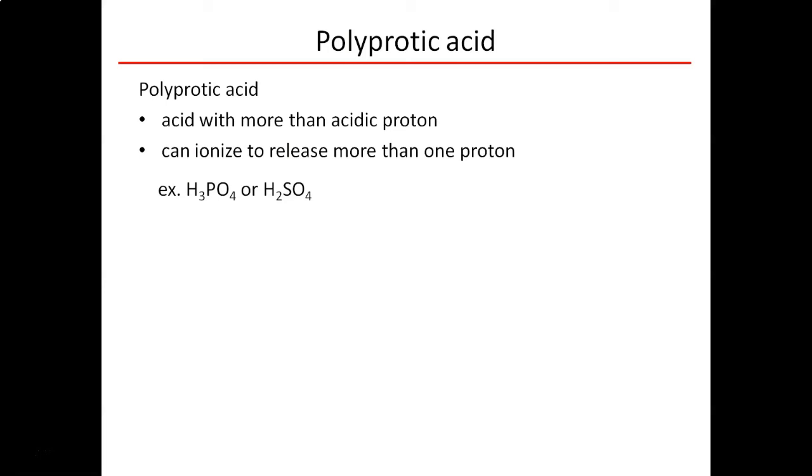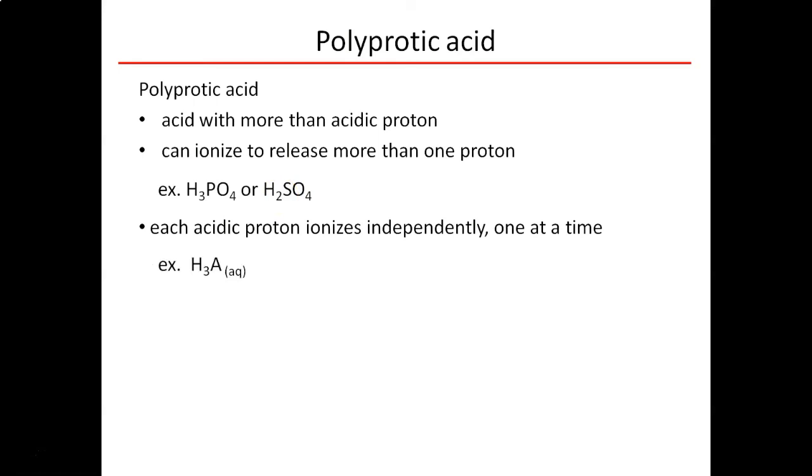For sulfuric acid, the ionization of the first proton is strong, but the second is weak. But each one comes off independently. So if I had a polyprotic acid with 3 acidic protons, I know it has 3 because of the subscript 3 at the front.